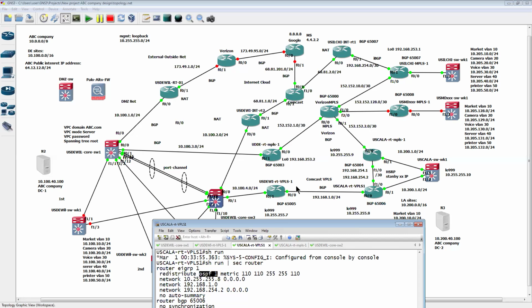That's how you do that, and that's why BGP is easier, using local preference or weight, those kind of things. They are easier to set up than OSPF or EIGRP. Got it? Okay.